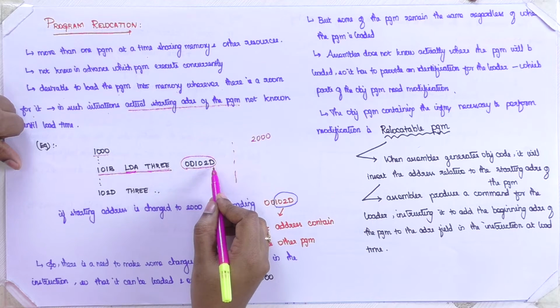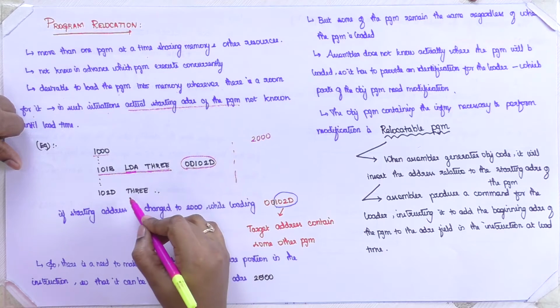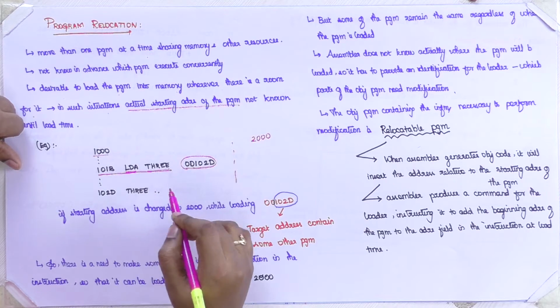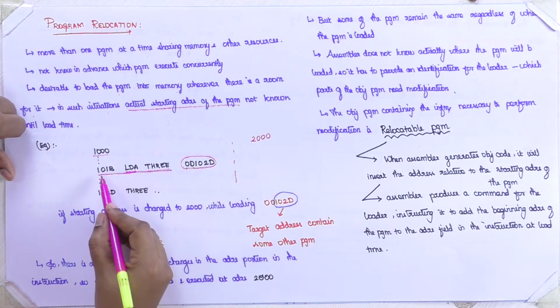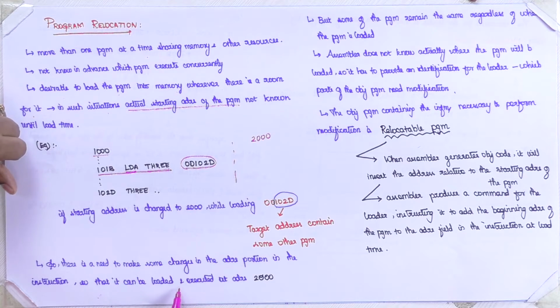So in 102D, we cannot find the definition for 3. In such cases, there is a need to make some changes in the address portion of the instruction, so that it can be loaded and executed at address 2000.